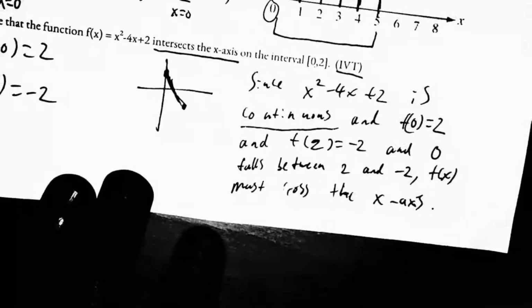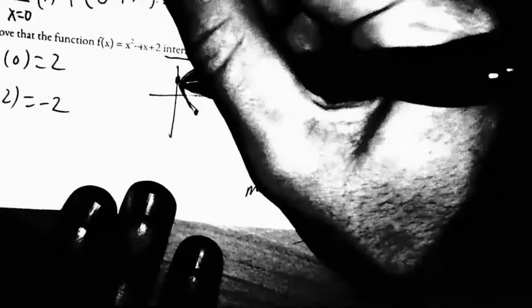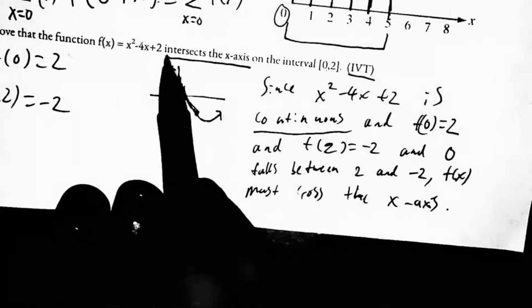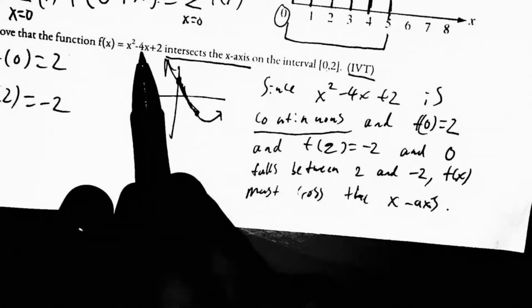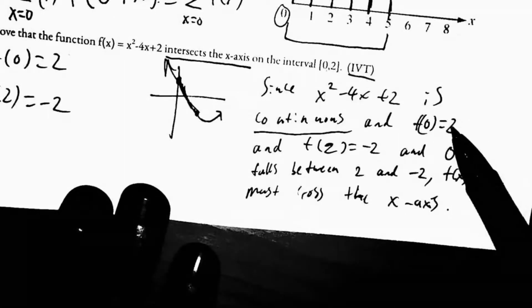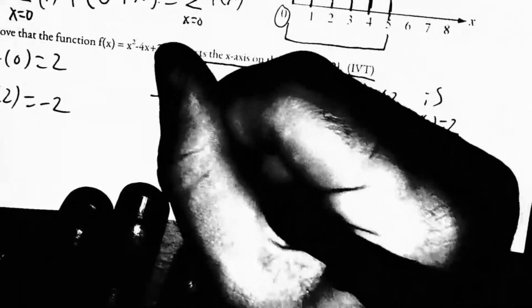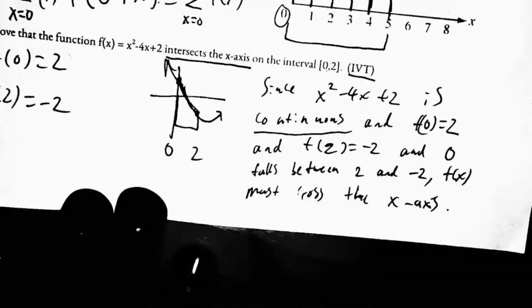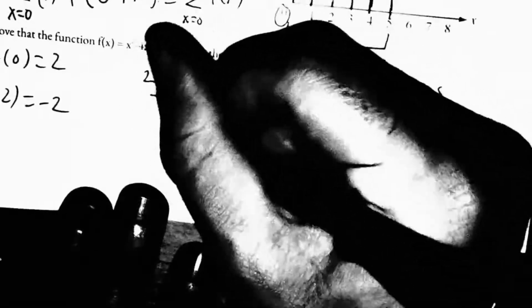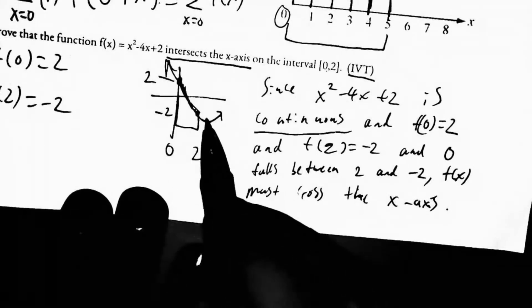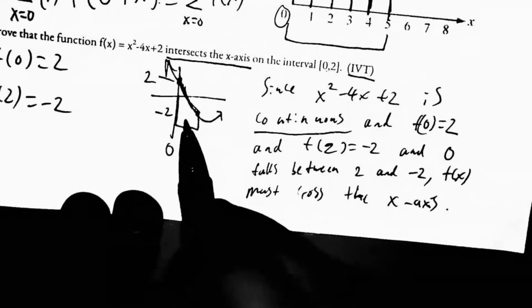It's continuous, right? This function doesn't have any holes or anything, does it? It's not going to break at any point. And my interval is from 0 to 2. Since f of 0 is 2 up here, and f of 2 is negative 2, and it's continuous, therefore we must cross the x-axis.